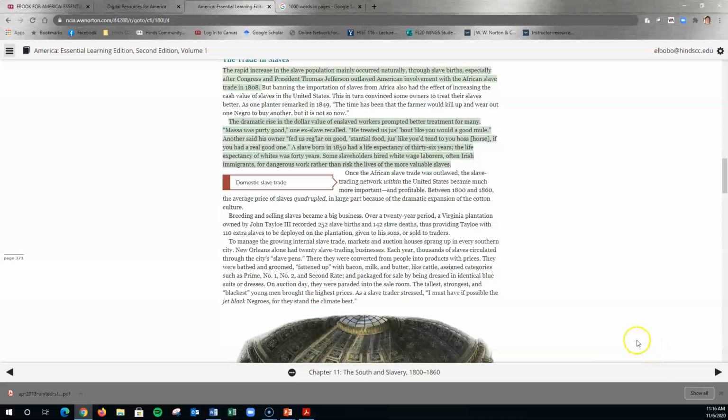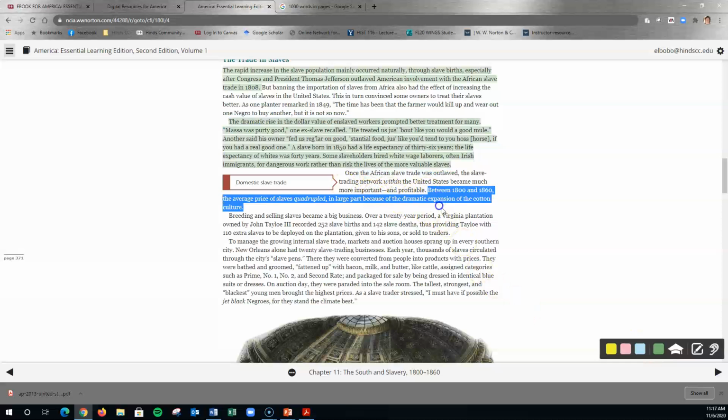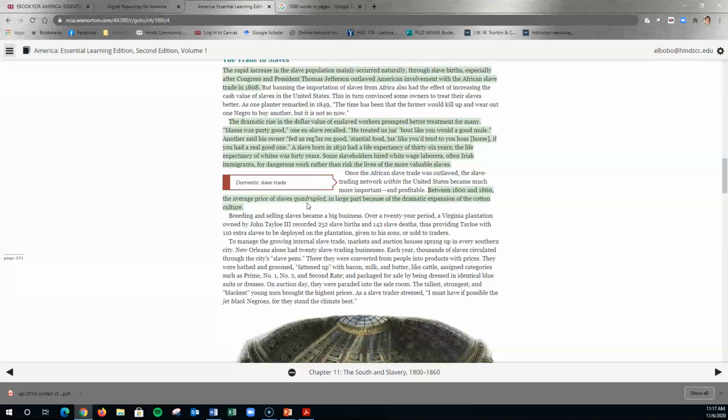Here's a good stat for you: between 1800 and 1860, the price of slaves quadrupled. One, there were smaller numbers of slaves, that's supply and demand. Two, cotton began to expand and more slaves were needed, and so price is going to go up.